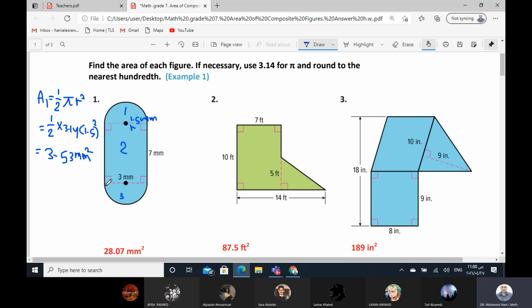And the semicircle here in number 3 is the same as the semicircle in number 1. So we can write here A3 equals the same answer, 3.53 millimeter squared.